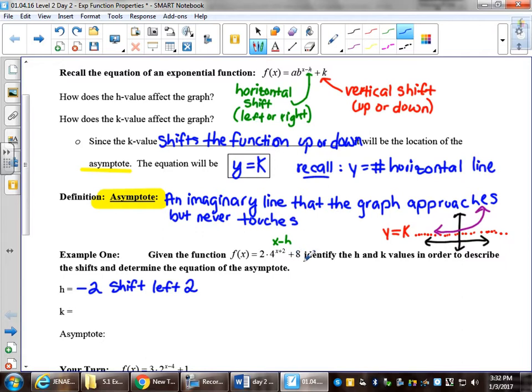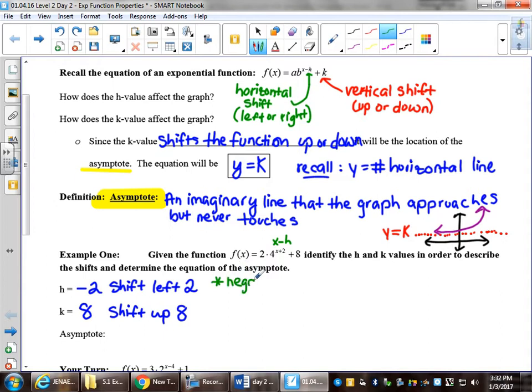k is a positive 8. So k is 8. k is all about vertical shift. So this means a shift up 8. So before we move on past h and k, you might want to write yourself a little note.